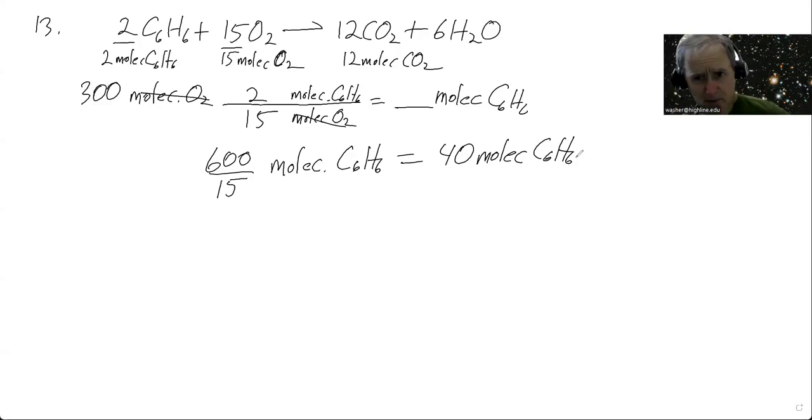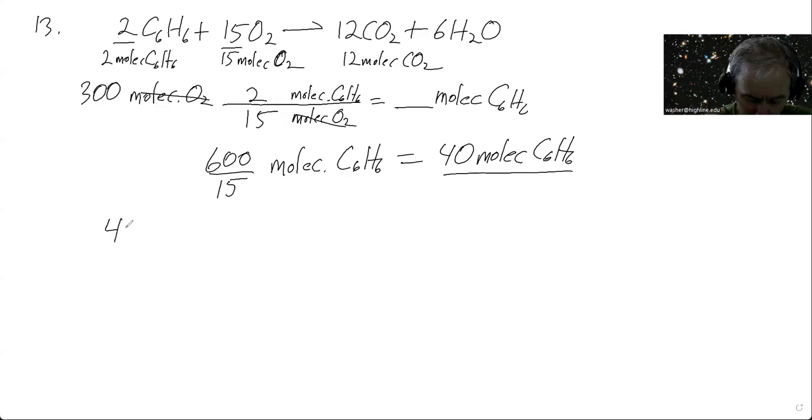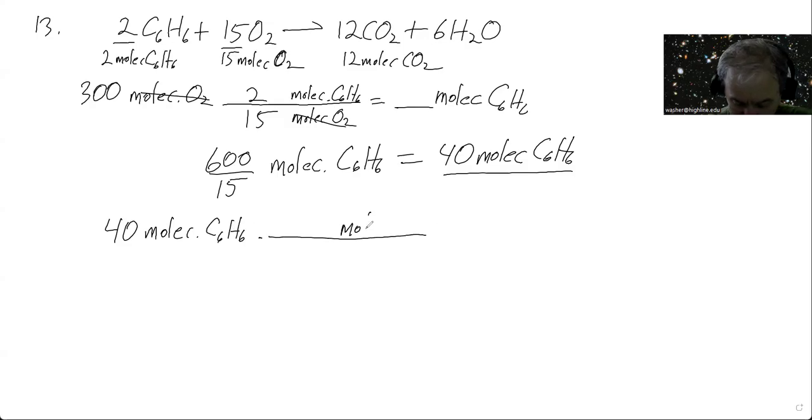Now the second part asks how many molecules of CO2 are produced. I'm going to base it off of molecules of C6H6, so that would be 40 molecules of C6H6 times molecules of CO2 divided by molecules of C6H6, and this is 12 divided by 2, which is 6.